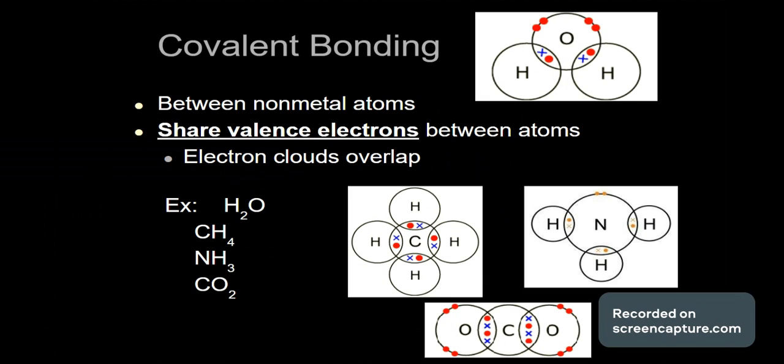As we can see here, we have water, CH4, NH3, and even CO2. CO2, of course, is used to make soda pop. Just for clarification purposes, NH3 is ammonia, H2O is water, and ammonia is used for cleaning as well.